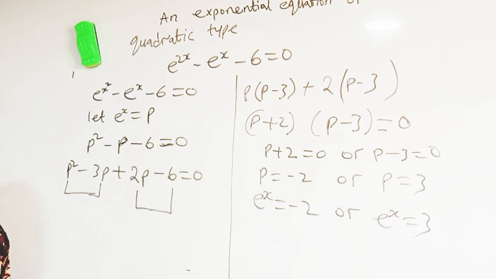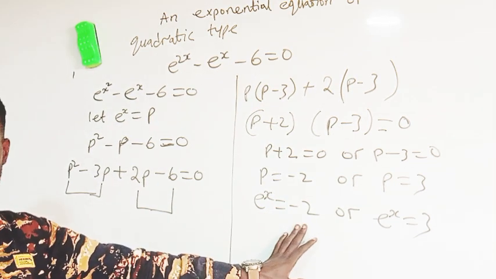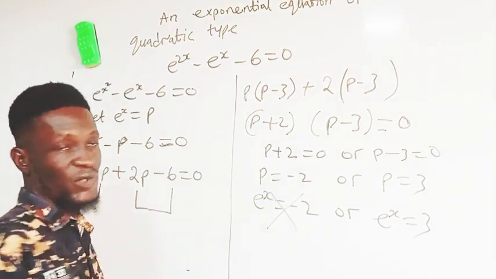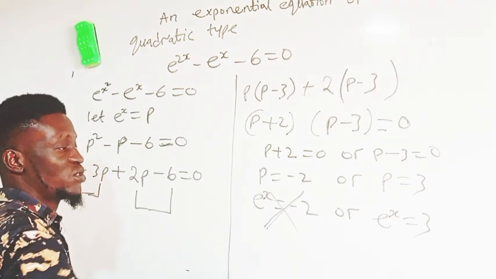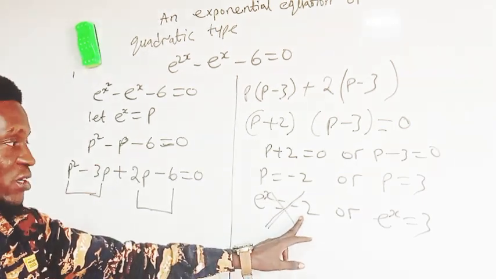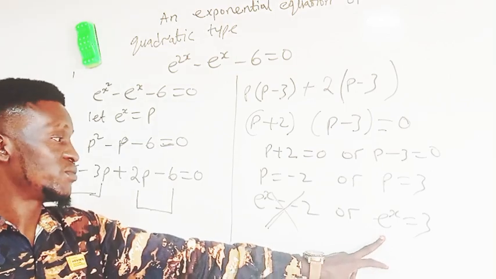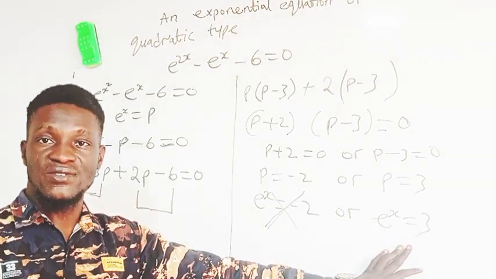You know that by the exponential rule, e raised to power x can never be negative. So this does not belong, because of this negative sign. We're going to concentrate on the positive side. So e raised to power x is equal to 3, and we are told to find the value of x.